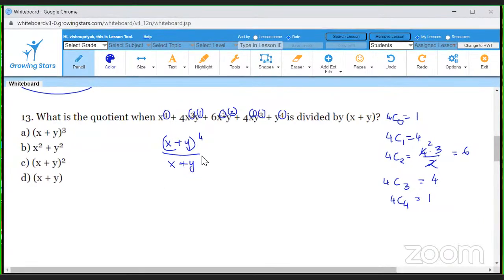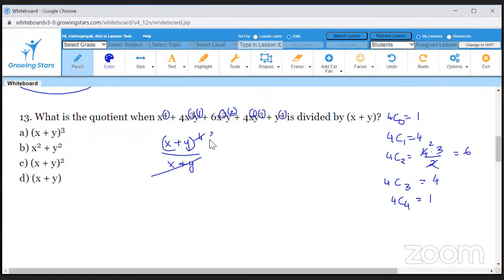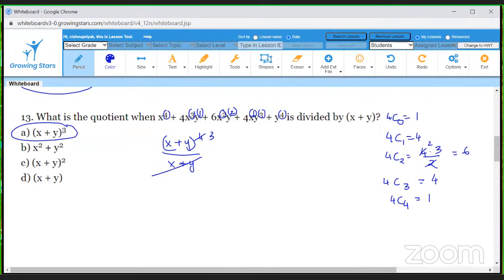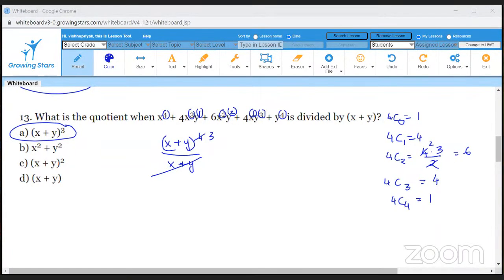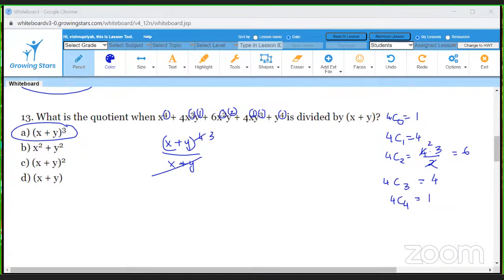So one x plus y will cancel and you will have x plus y whole cube as the answer. Sometimes observing the question, you can say what will be the answer. Okay. Let us see the next question.